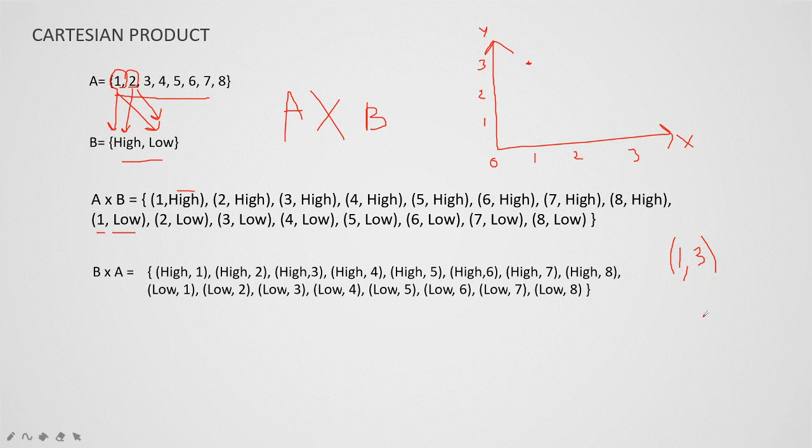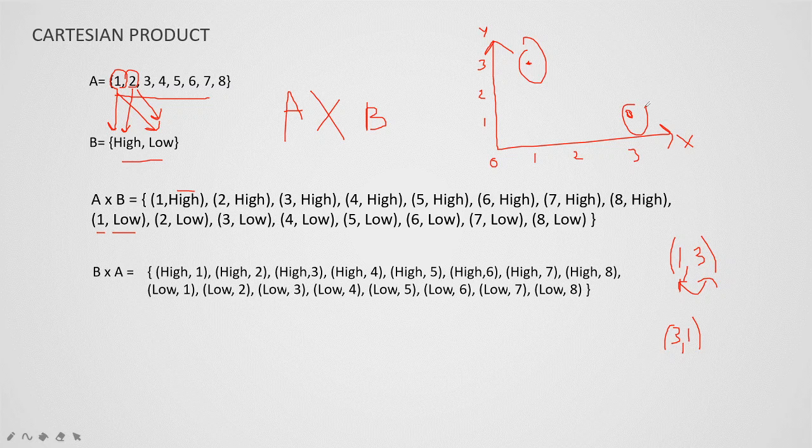Now let me interchange the 1 and 3. If I interchange 1 and 3, it will become (3, 1). Now where is this point in the graph? X is 3, y is 1, it will be here. So now do you see the difference? (1, 3) is here, and if I just interchange the elements, it will become here.